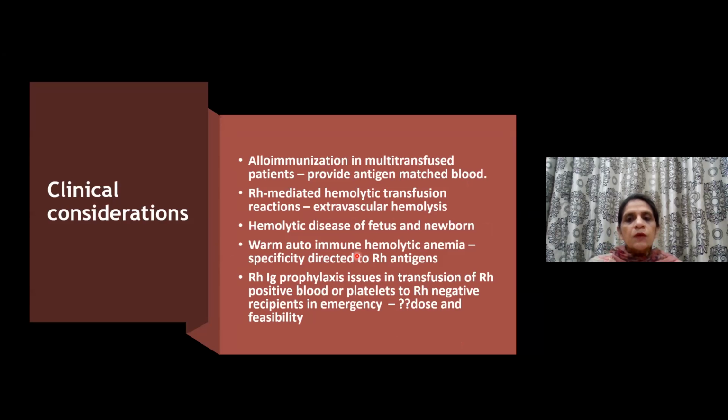Warm autoimmune hemolytic anemia patients many times have specificity directed to Rh antigens. And there are Rh immunoglobulin prophylaxis issues in transfusion of Rh positive blood or platelets to Rh negative recipients in emergencies. This is a subject of continuous debate about how much dose should be given and whether it is feasible if a person has been transfused a full unit of blood. So there are various views on this.